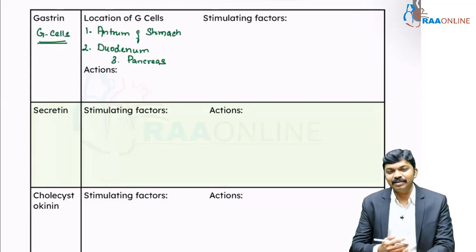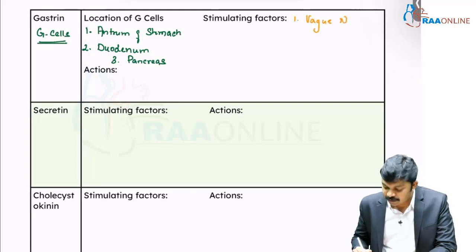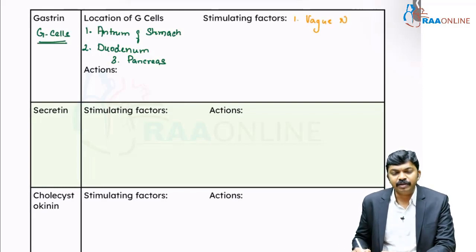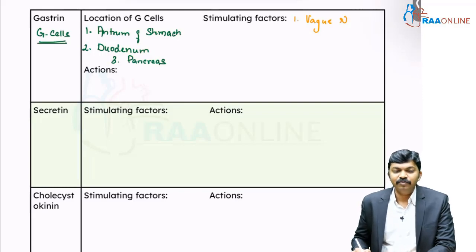Now what triggers gastrin release from G cells? The triggering factors, number 1, primarily it is the vagus nerve, parasympathetics. But one interesting feature here is the neurotransmitter. You guys know this. Vagus, being a parasympathetic nerve, will usually produce a neurotransmitter called acetylcholine, right?